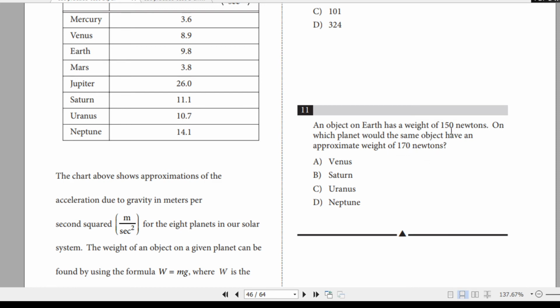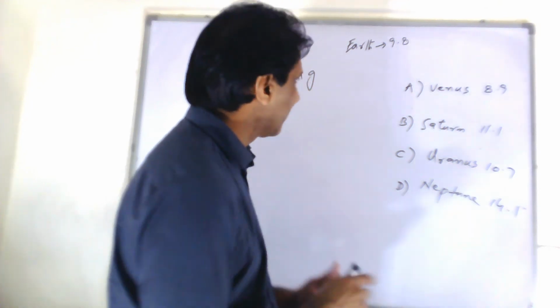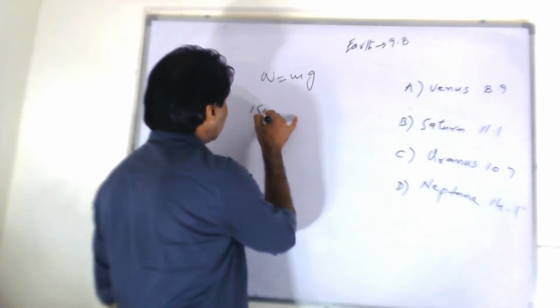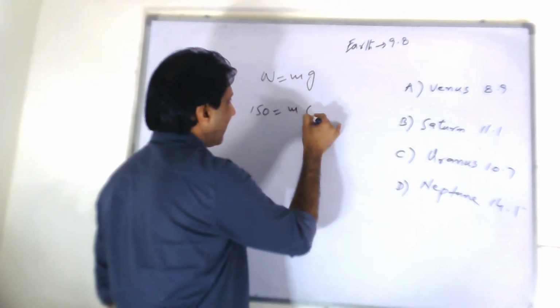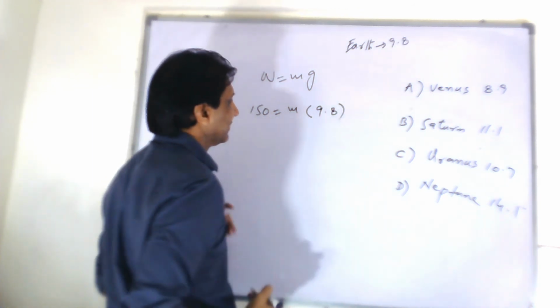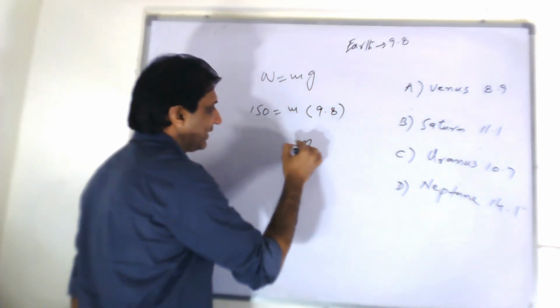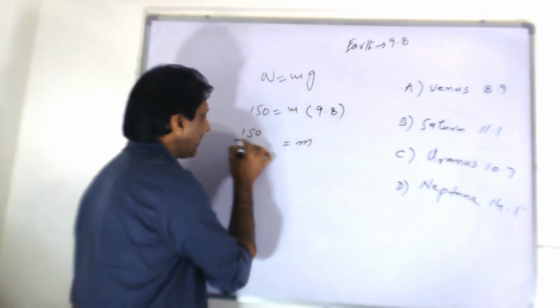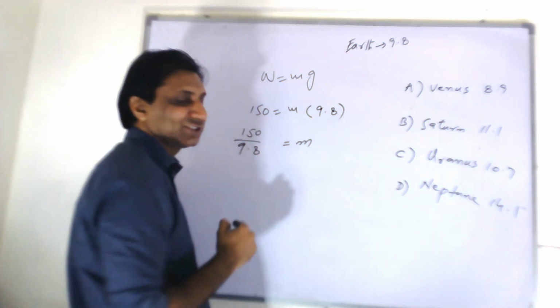So its weight is 150 on Earth. So you need to know what the mass is, because gravity for Earth is 9.8. So the mass would be 150 divided by 9.8.